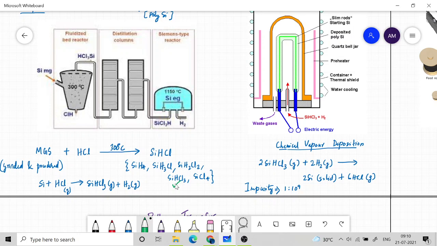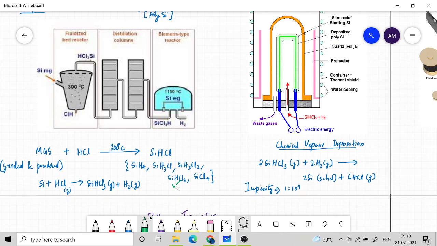In order to pick one of many products, we use what is called distillation. Distillation I think is familiar to everybody. So you can see double column distillation is here; the first column will increase the percentage of trichlorosilane compared to the other components.